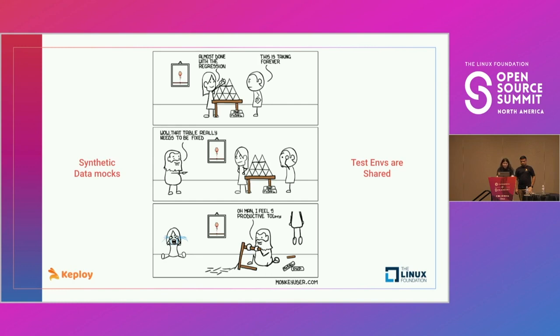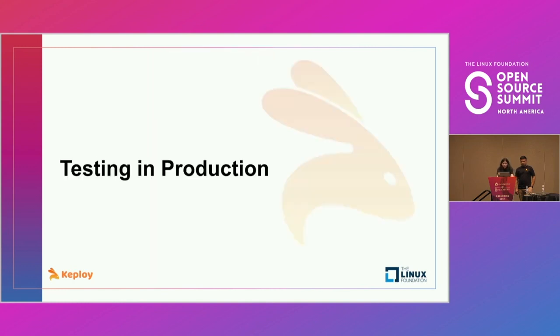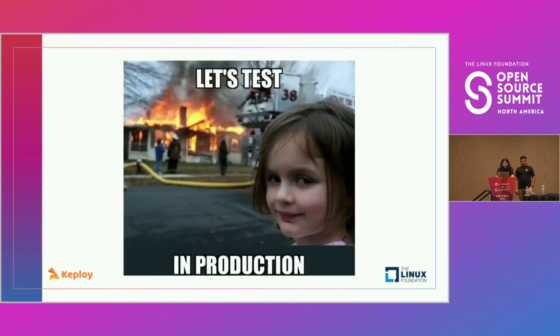And then somebody told us, hey, why don't you test in production? And we were like, hey, dude, come on, you're crazy? Why would you do that? So later on, when we researched more about it, it made more sense, because your application actually is going to be deployed and released in production.